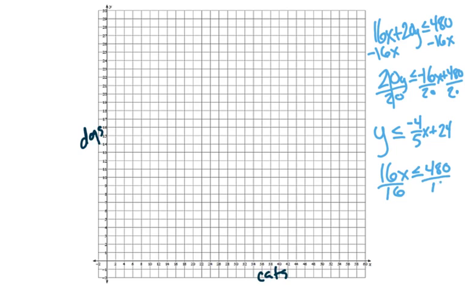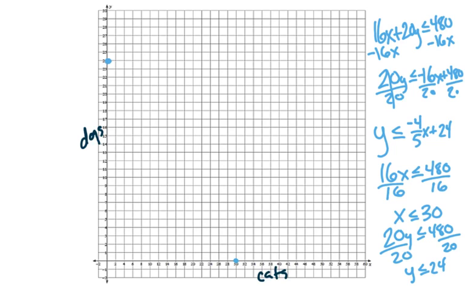Then I would only be able to take care of 30 cats maximum, so I could put that on the cats axis. And for the dogs, we already did this one once, didn't we? We'd end up with 24, so up here.